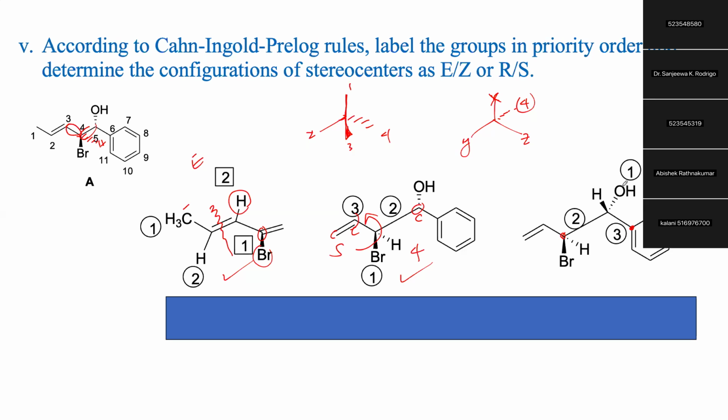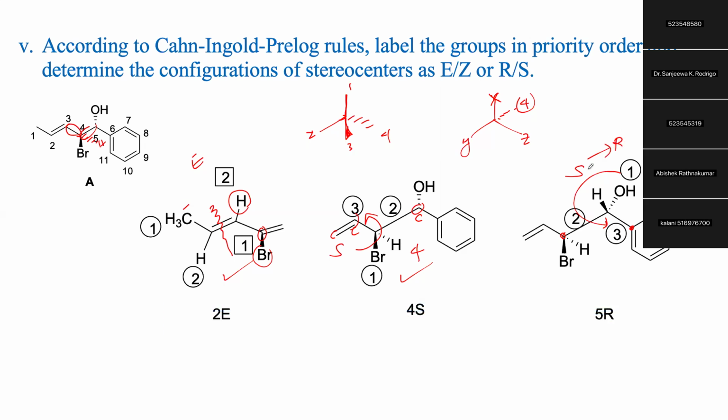You can read the priority as it is, because ideally we have to hold hydrogen away from us, but you can figure out the stereochemistry as it is. Now if you see, it's actually S, but since hydrogen is coming towards you, you have to invert that. So then this is actually R.